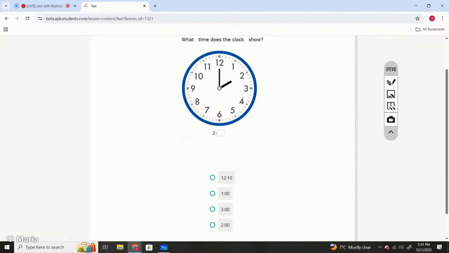What time does the clock show? That is 2 o'clock, right? 2 hours and 0 minutes. So option number 4 is the correct option.